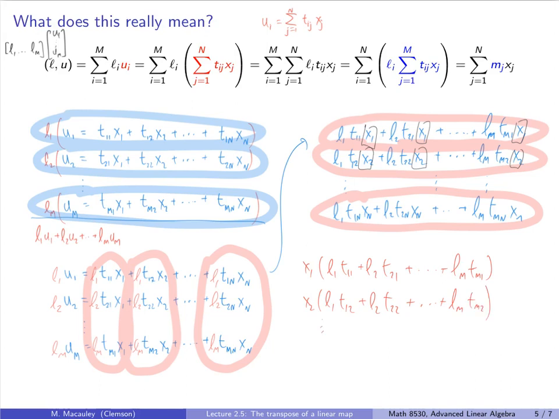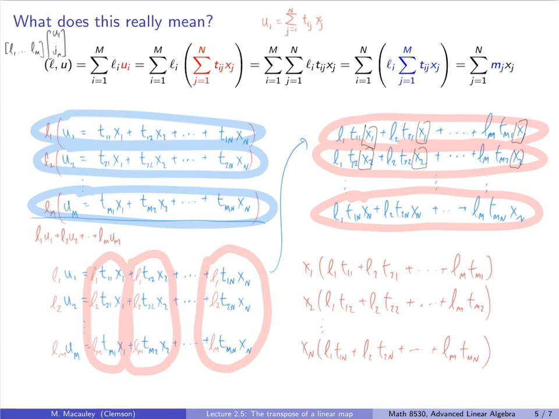And then all the way down to, I'm going to factor out an XN, because that appears in all of these. So I've got to be careful that I'm keeping my capital N there, capital XN, times L1 T1N plus L2 T2N plus LM TMN. Okay, and now I am almost back to where I started.